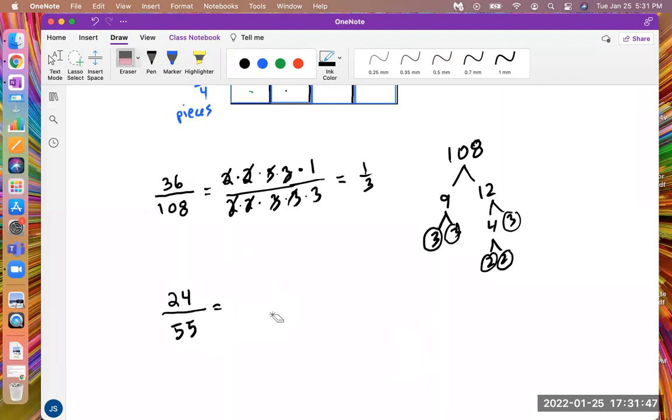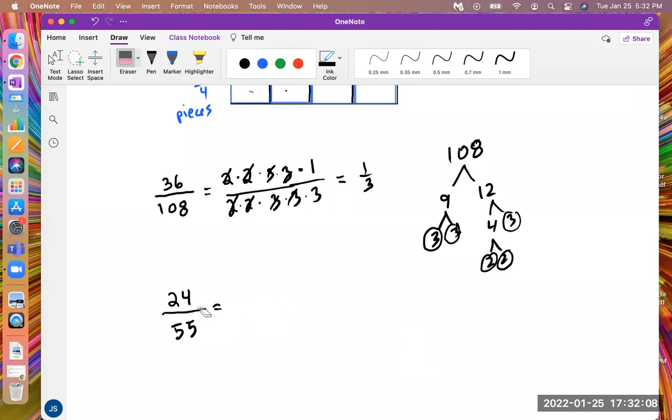Sometimes that can be a really fast way to immediately see that 24 and 55 do not have any common factors. Otherwise, you'd be sitting here for a long time thinking, does 2 go into 24 and 55? Does 3? Does 4? Does 7?